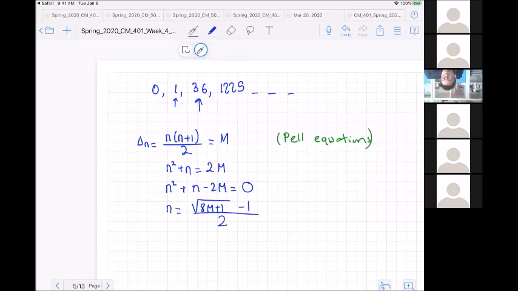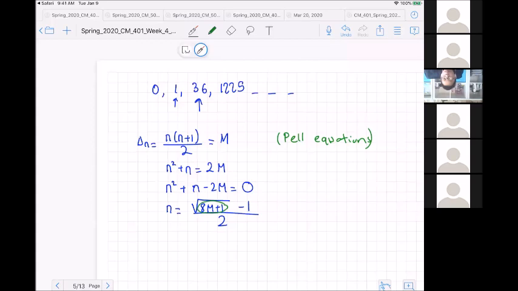This n is an integer only if 8m plus 1 is a perfect square, because otherwise we will not have an integer. And when you subtract 1, it has to be divisible by 2, otherwise n would not be an integer. Is that okay, guys?